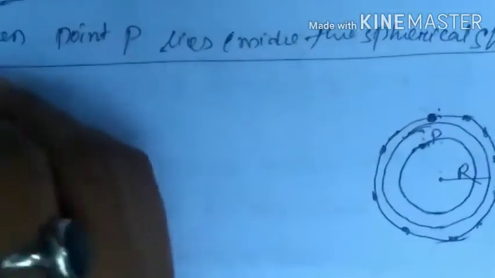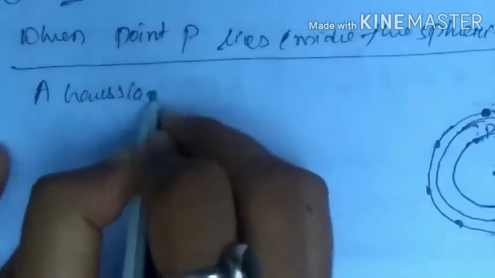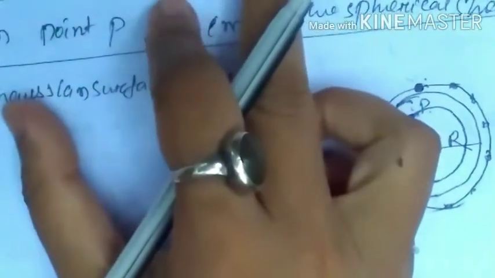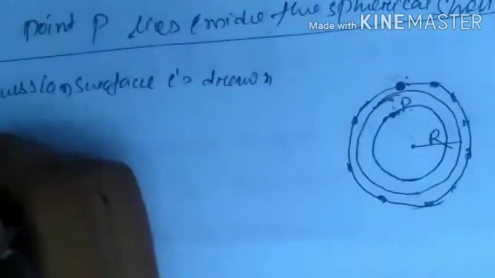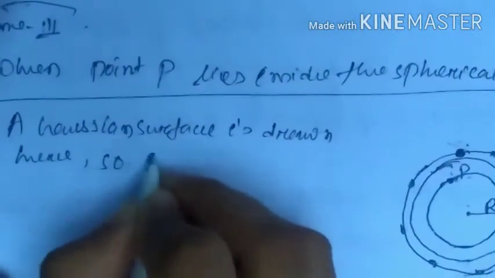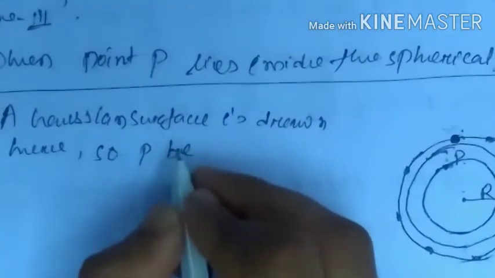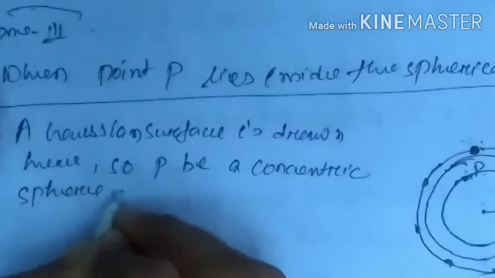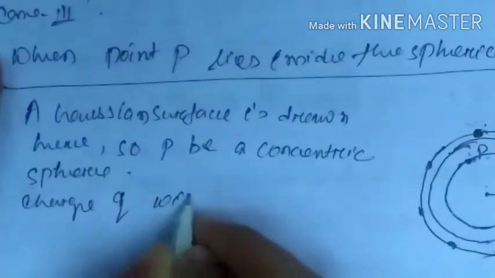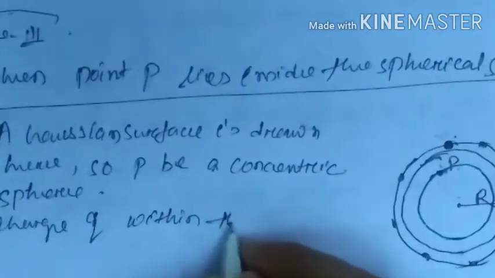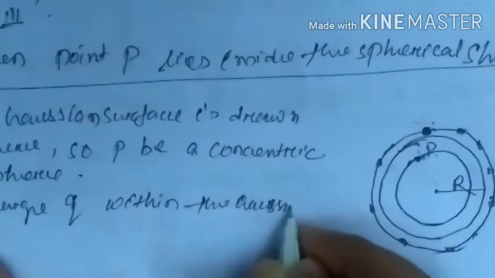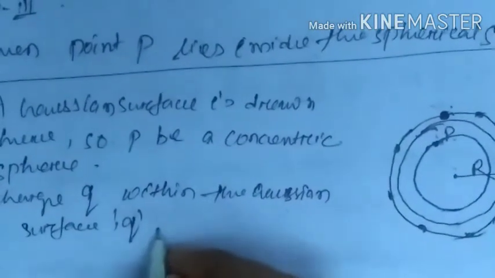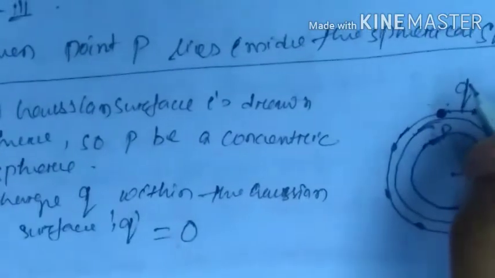A Gaussian surface is drawn here, a concentric sphere through P. The charge Q within the Gaussian surface, that is Q, is equal to 0 because it is outside it.